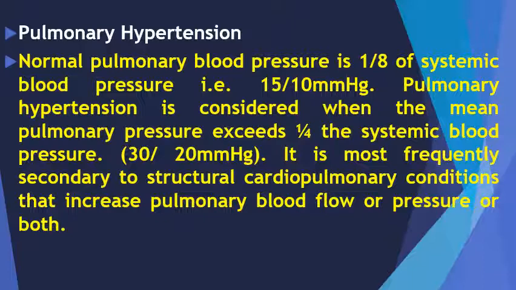Pulmonary hypertension is considered when the mean pulmonary pressure exceeds 1/4 of the systemic blood pressure, that is to say 30/20 millimeters of mercury. It is most frequently secondary to structural abnormalities and cardiopulmonary conditions that increase pulmonary blood flow or pressure, or both.